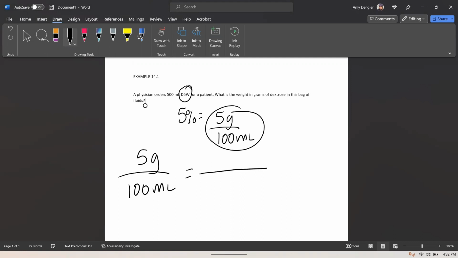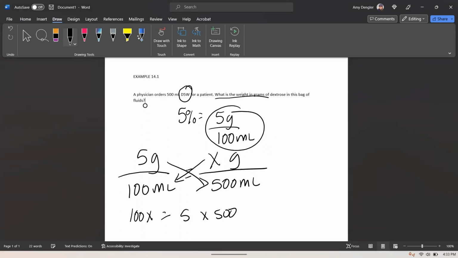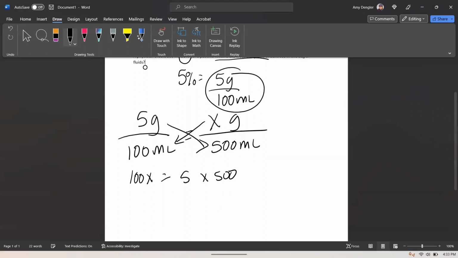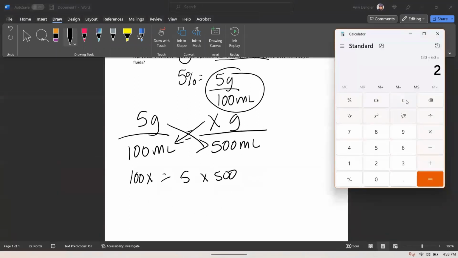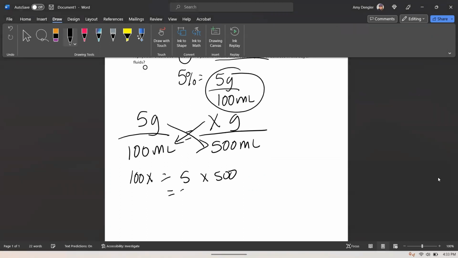Do a proportion. And then on the other side, I'll plug in that 500 ml. And I'm trying to find out what is the weight in grams. So X grams, that makes sense. So 100X is equal to 5 times 500. And then we'll do the 5 times 500 first, which is 2,500.